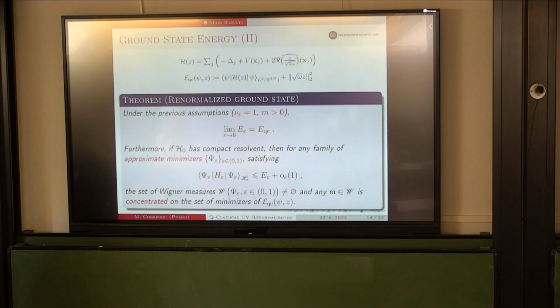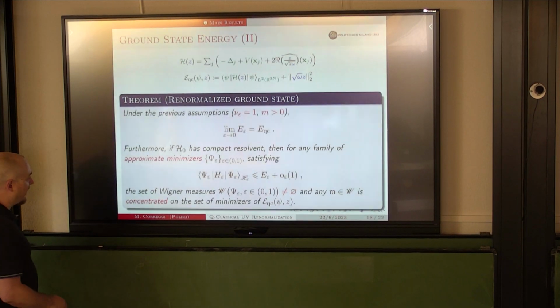You don't care about the cutoff because at the quasi-classical level everything is okay, even if you remove the cutoff. Now, in addition, if and only if H naught, so the free particle part, which is minus Laplacian plus V, has compact resolvent, so if the potential is trapping, and the reason why we need this assumption, perhaps I will tell you later.